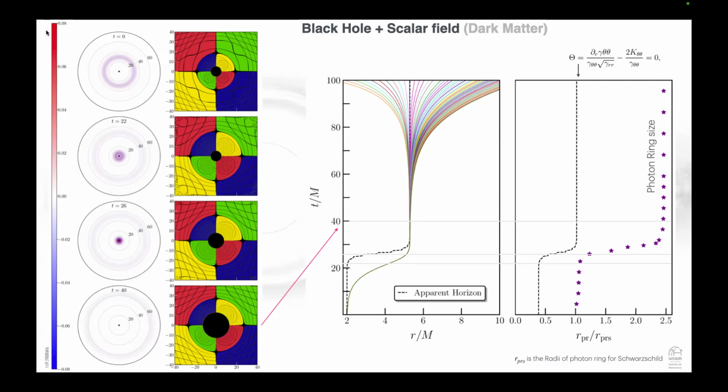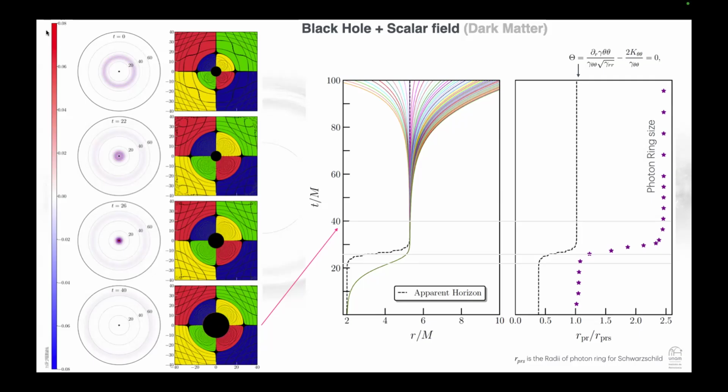And of course, this is interesting. Even though we have 1D, with spherical symmetry, it's very interesting because it's the first time that we are tracking how the size of the photon ring, or the shadow size, changes during the time evolution. This is due to the accretion of the scalar field, which we believe can model dark matter.